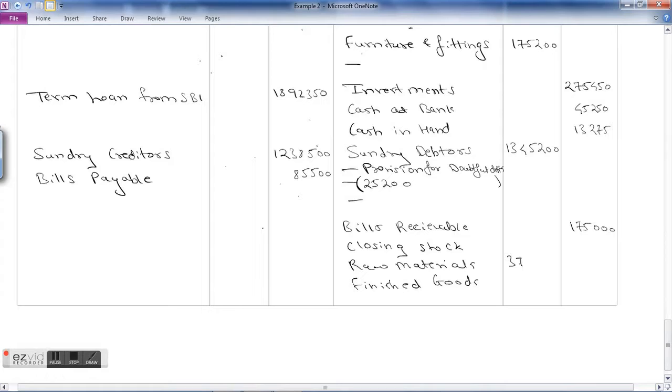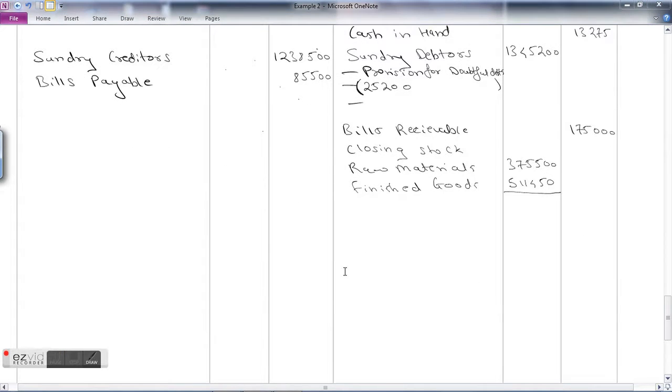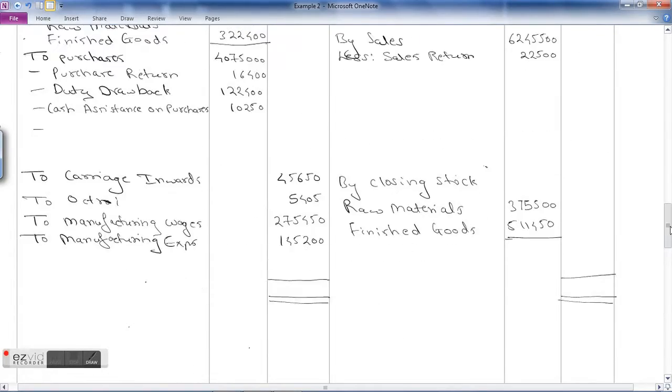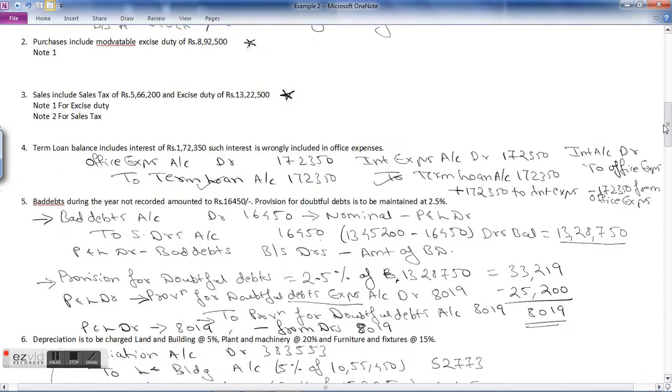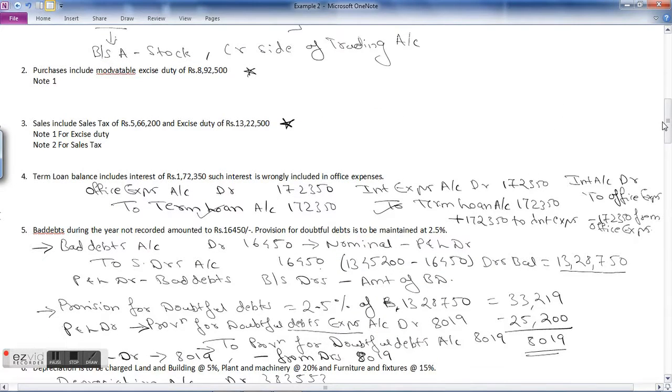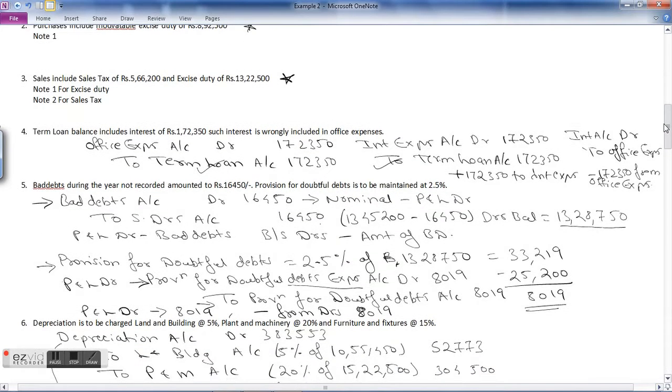Raw material is 3,75,500 and finished goods is 511,450. Okay, now the next adjustment. Adjustment number 2. We'll refer to note 1 and then give the effect. Adjustment number 3 also will refer to note 1 and note 2 and then we'll give the effect.